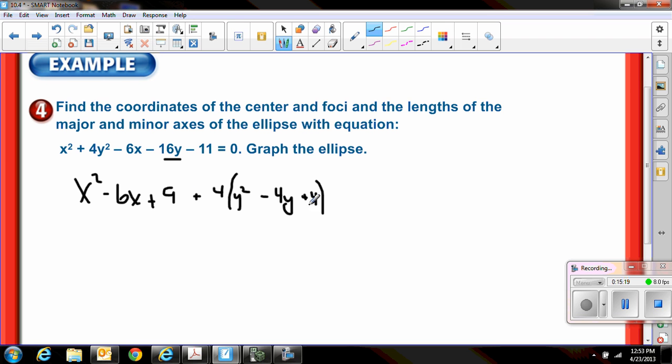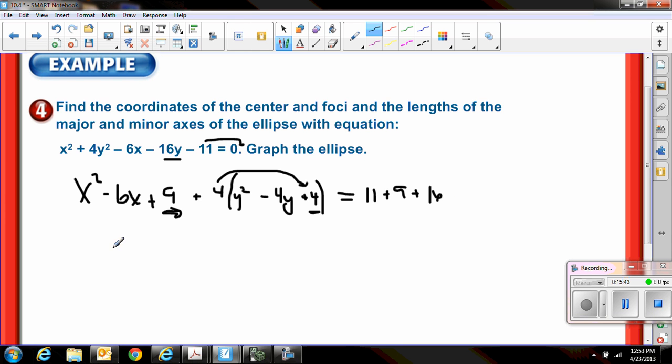From there I have completed the square, equals my constant. I'm going to add that to the other side, so I got a plus 11 on this side, and when I complete the square I have to add back in what I put on this side, so I go plus 9, and I go plus, not 4, but keep in mind I took a 4 out from the beginning, so I actually went plus 16.